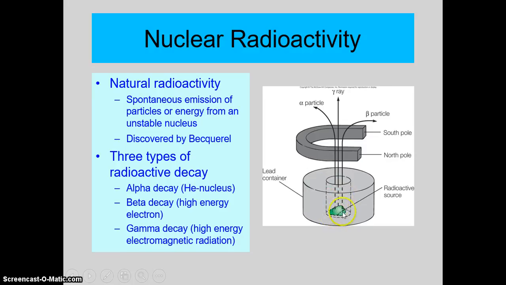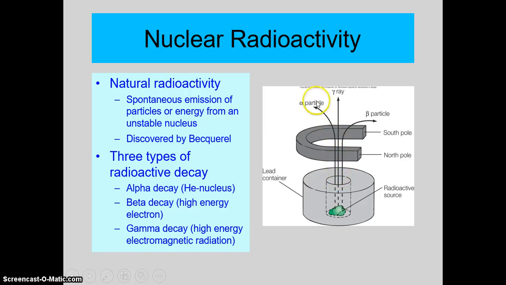If you have a radioactive substance, one of these unstable nuclei, and you surround it by lead, the lead mostly absorbs the radioactivity in directions not collimated upward, for example, like in this picture. So what you do is you pass the radioactive particles, they didn't really know what they were at first, through a magnetic field, and they found something very profound.